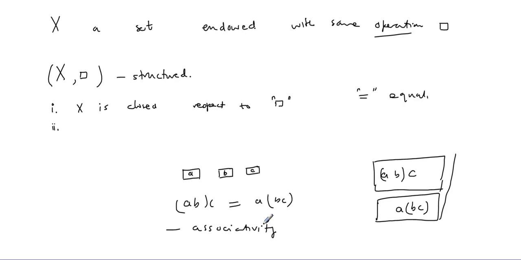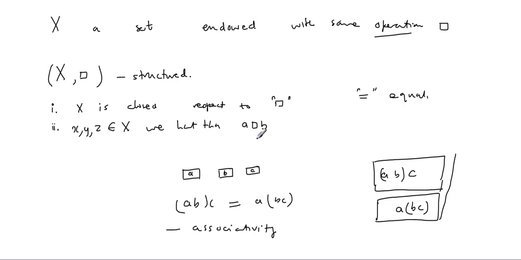Sorry, I was confusing myself. In this case, what I'm trying to tell you is that in a structure like this one, whereby if I get three elements in the set, we have A box B. This thing of two, we talked about two.